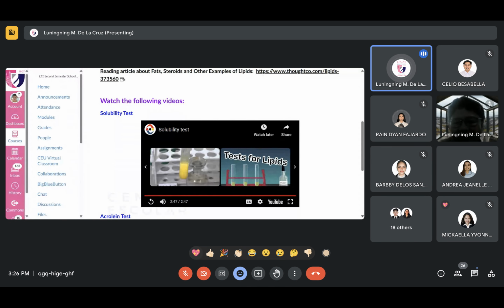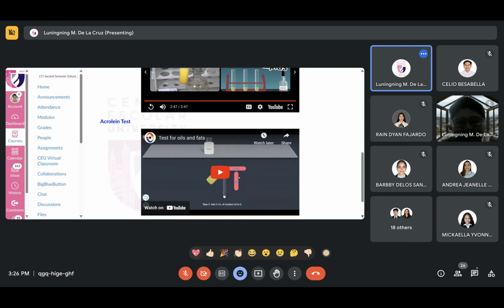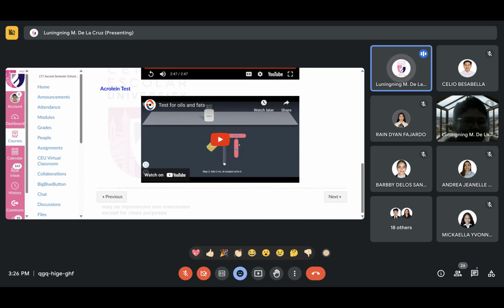So, next one is we look into the different properties of our fats and oil. What are the different properties of our fats and oil? We look into the color, the odor, di ba?